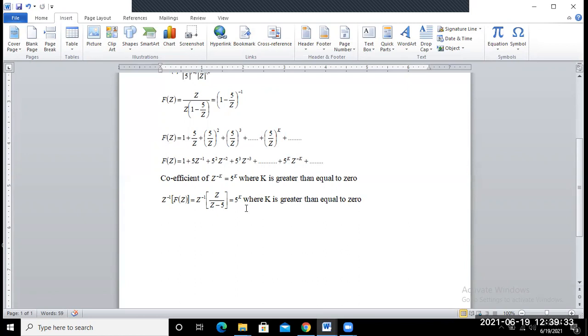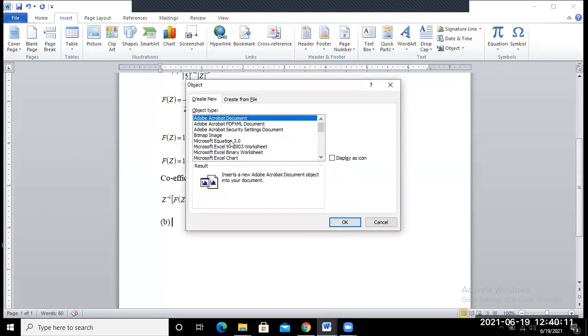In part b, when the magnitude of z is less than 5, now we try to find the inverse of z by z minus 5 for magnitude of z less than 5. So for part b, the condition given to you is that the magnitude of z is less than 5.